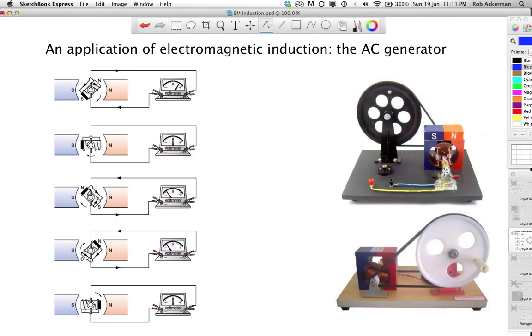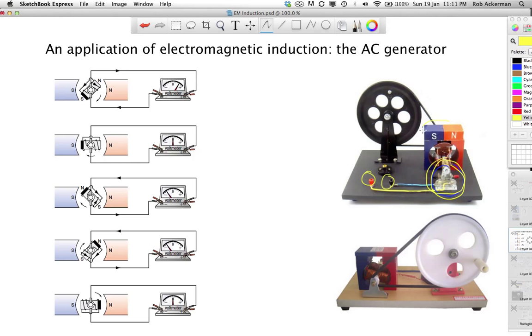For those of you who have seen this in class, as I turn this, I convert the kinetic energy of the wheel into electrical energy. There's a little light bulb here, which is kind of hard to see in the diagram, but here the light bulb actually goes on. And if we want to connect a meter like a galvanometer to these leads here, we can measure the electric current. All right, so what's going on?